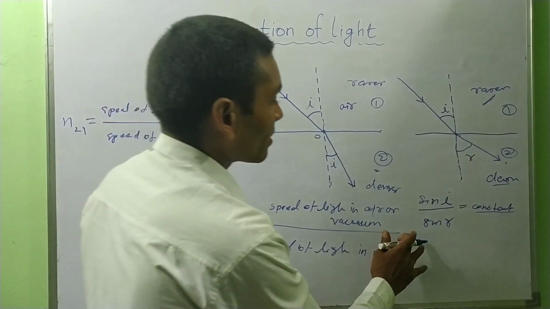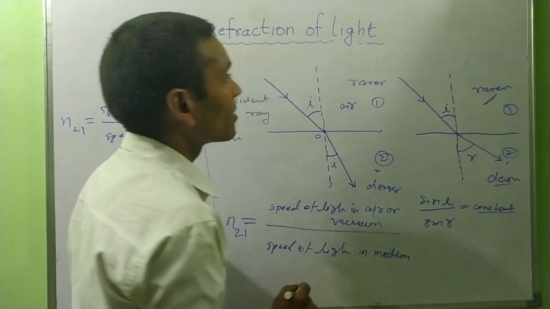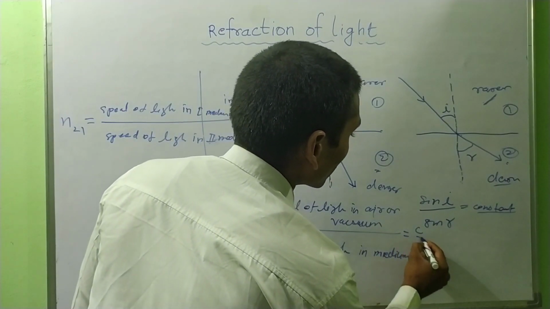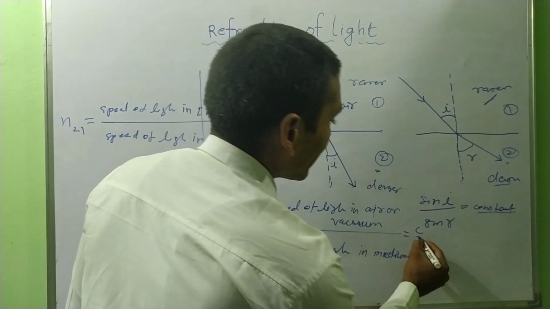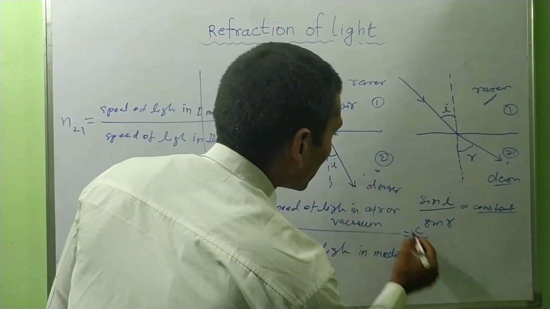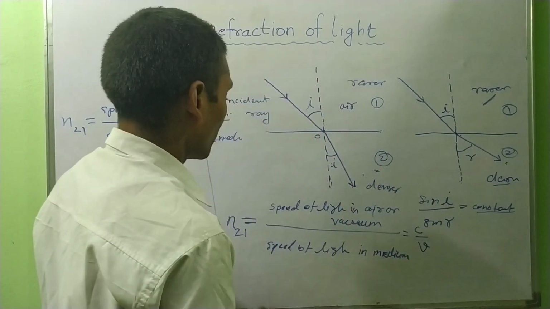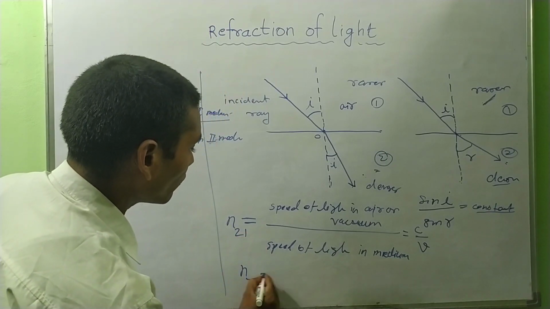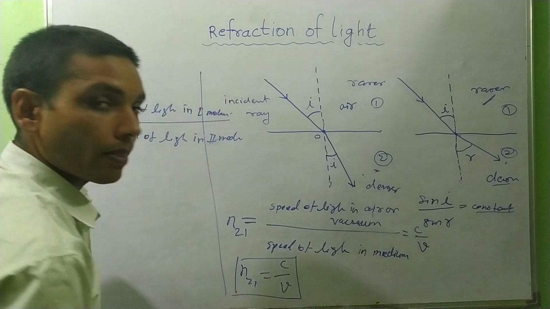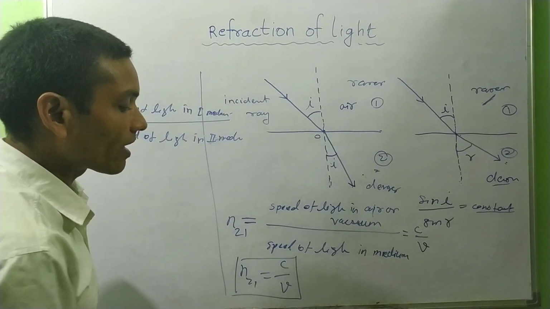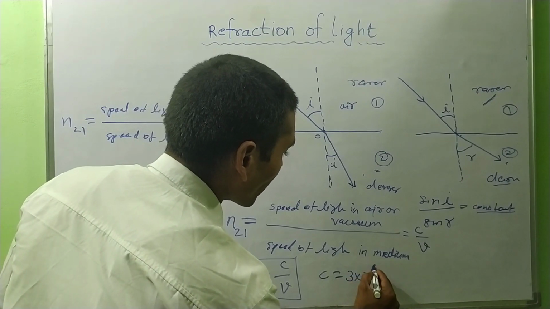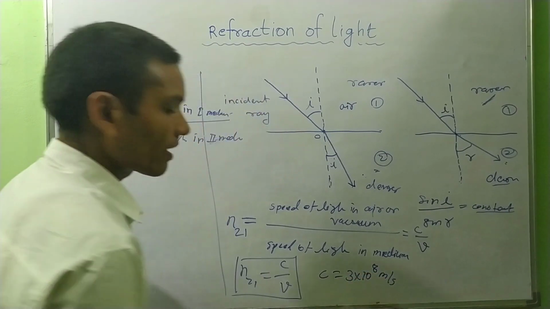We know that the speed of light in air is denoted by c, and let the speed of light in this medium be v. Then the refractive index n21 will be c upon v. This is the formula of absolute refractive index, where c is 3 into 10 to the power 8 meter per second.